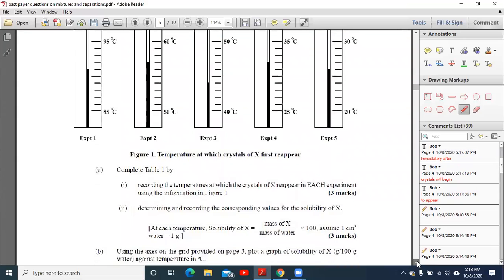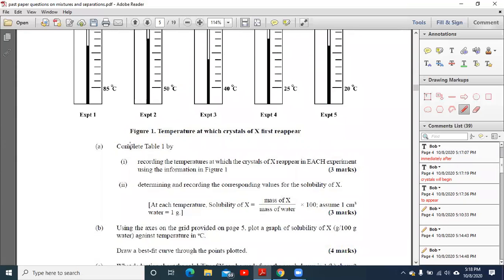Right, so the first part of the question, part A, says complete table 1 by first recording the temperatures at which crystals of X reappear in each experiment, using the information in figures 1 and 2, and determining and recording the corresponding values for the solubility of X, and they give you an equation to assist in this.